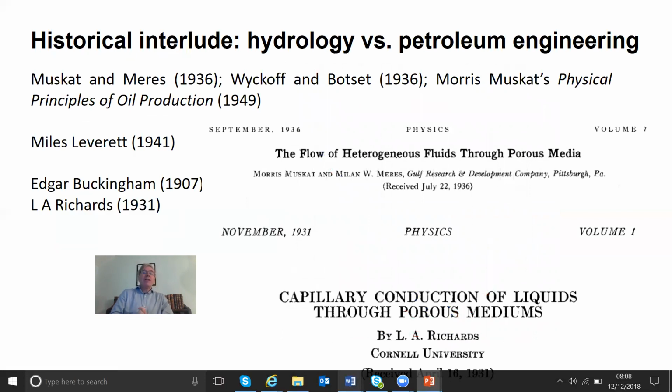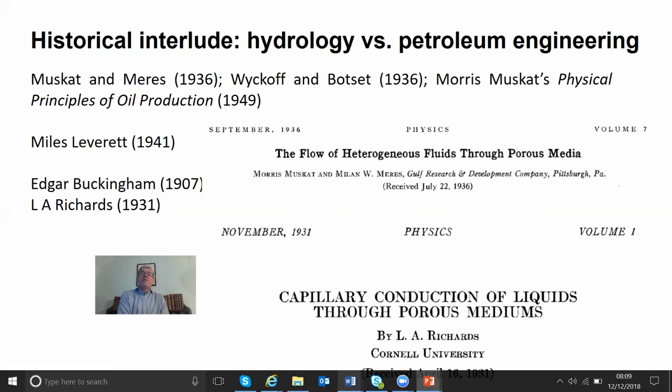In petroleum engineering, the idea was always to look at the flow of both oil and water, or oil, water and gas together. And it's Muskat and Meres who, in 1936, first presented the multiphase Darcy law in more or less the way I've presented it today. And at the same time, in fact, in the same issue of the journal, Wyckoff and Botset presented the first measurements of relative permeability.